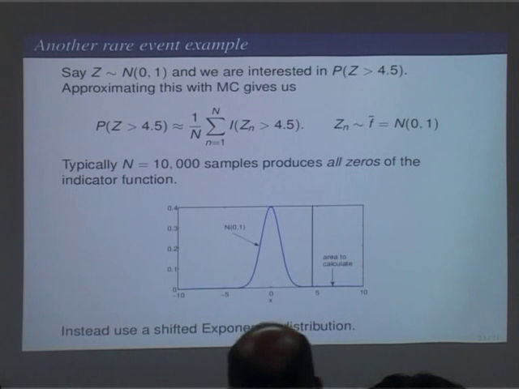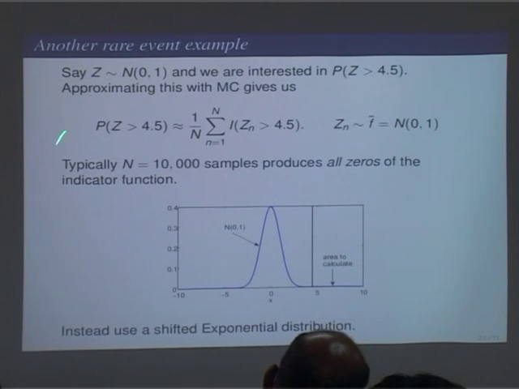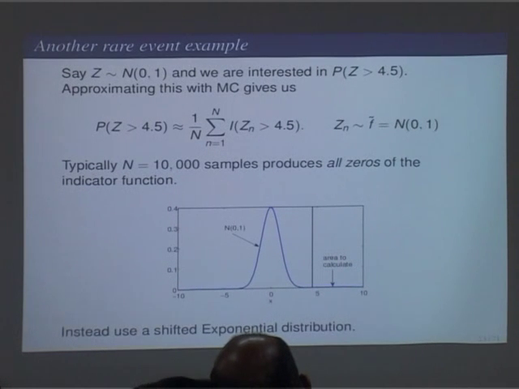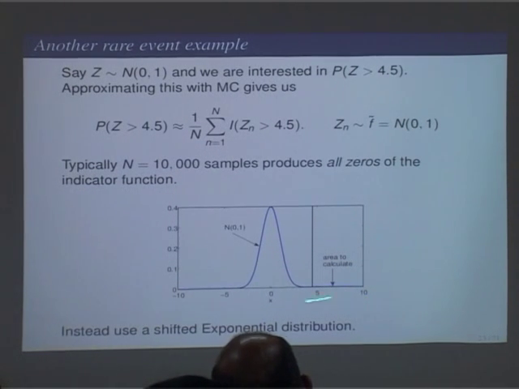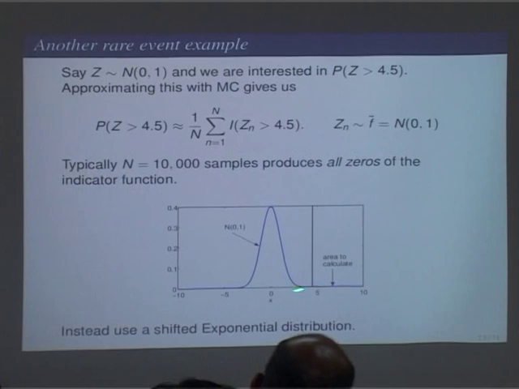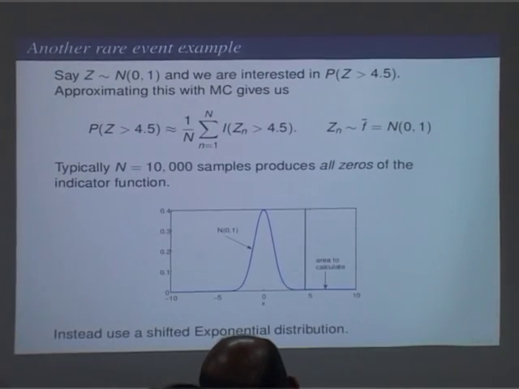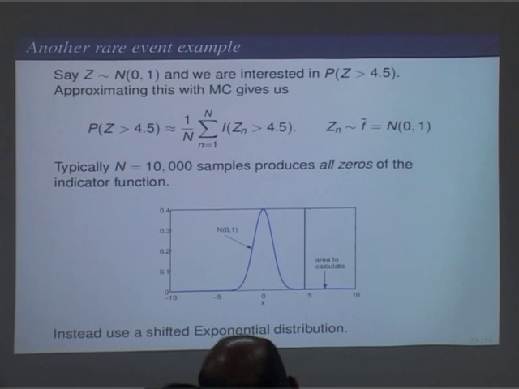So here's another example of just a rare event. I just want to find the probability of a normal random variable being bigger than 4.5. So that's way out here, right? And so this is just sort of the difference between targeting mass events and tail events. I don't want to sample from a normal, right? Even though my integrand was the integral of a normal distribution, that's not what I want with a tail event. I want something that looks like my tail, right?